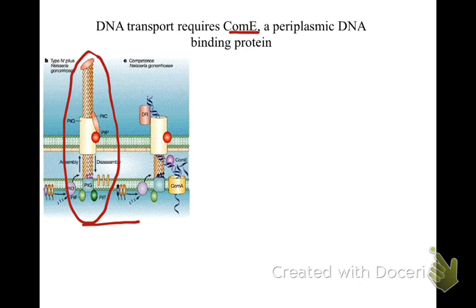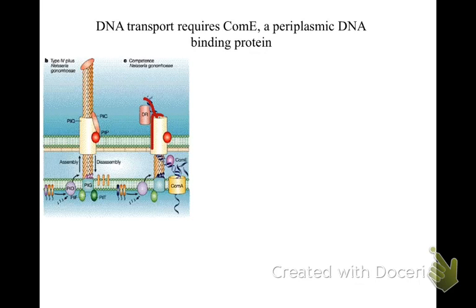Pili in Neisseria can be used for motility, but you'll see that the competence components are also very similar to the type 4 pilus that you see in Neisseria. But now we'll just focus on the pilus component. And again, here's the double-stranded DNA that's being brought in.